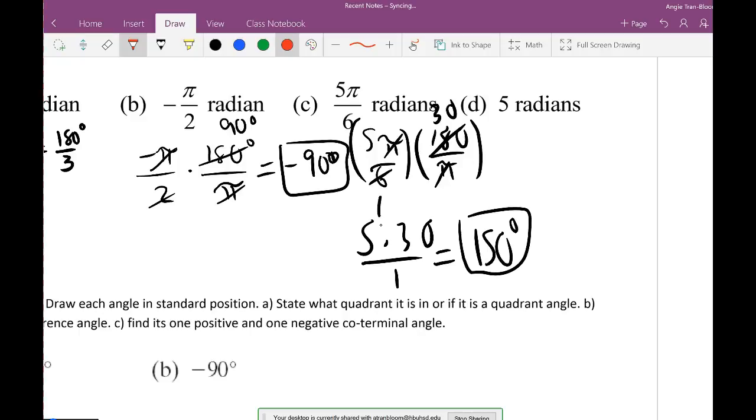If I just say pi, what is the approximated value? 3.14. So would you agree that 3.14 radians is about 180 degrees? What is 2 pi radians in degrees? 360, right? That's a full revolution.